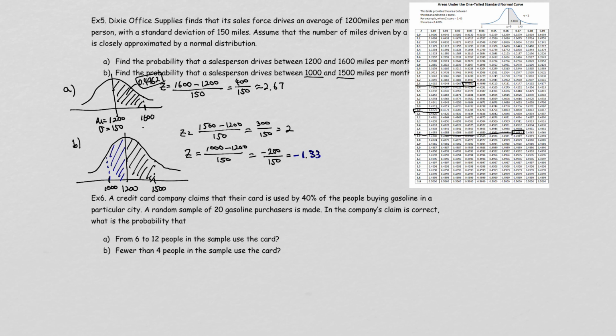So this area is 0.4773, and this area is 0.4082. When you add them, 0.4773 plus 0.4082, you will get the total area of 0.8855. So that will be the probability between 1,000 and 1,500.